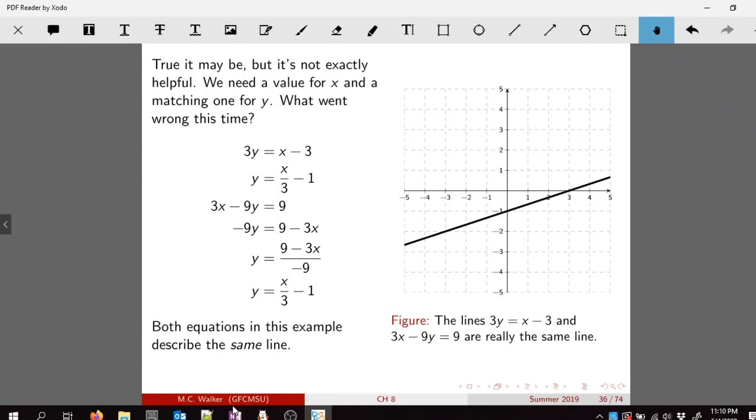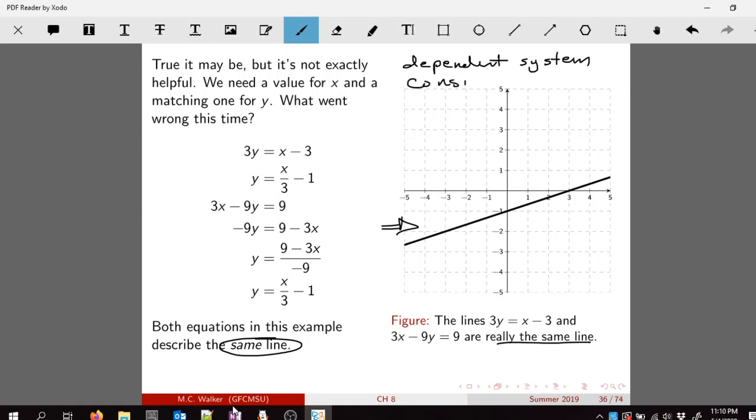When we divide by negative 9, we get y equals x over 3 minus 1. Hey, that's the same line. Here's both of those lines graphed. You can totally see that it's two lines that are really the same line, which means this is a dependent system. But it's still consistent.